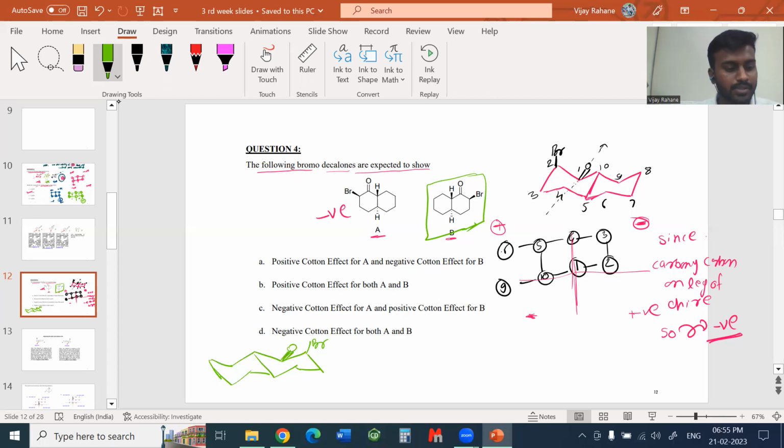Right, so here is the chair, and similarly here, if you see from this side. In this one, sorry, we have not drawn the bromine here. Bromine is axial, so the bromine will go here.